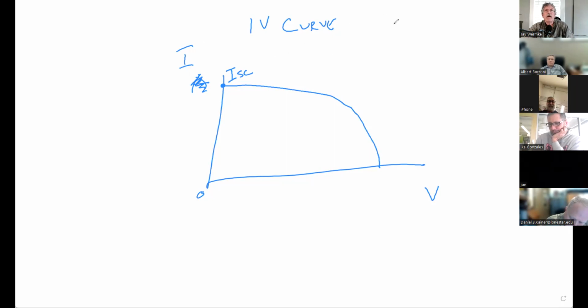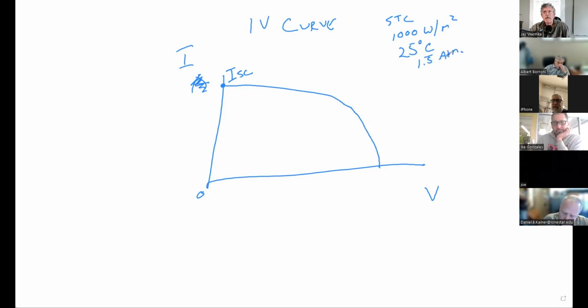So at this point, we're talking about standard test conditions, and the things that are part of standard test conditions are 1,000 watts per square meter and 25 degrees Celsius, and then also 1.5 atmospheres, but we never really worry about that one.